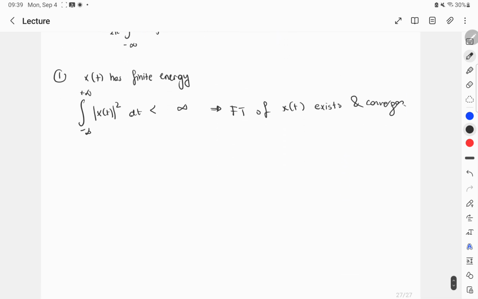Now let us move on to the second alternative condition. If x(t) is absolutely integrable, then the Fourier transform of x(t) exists and converges. Let me write it down real quick.